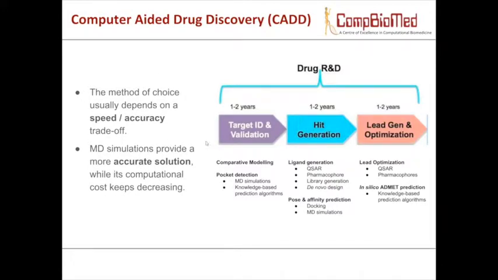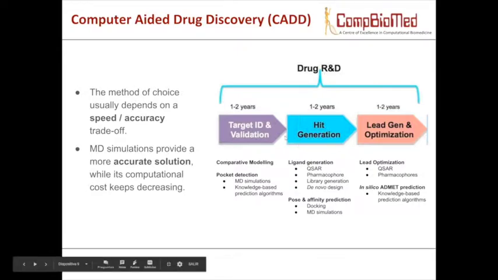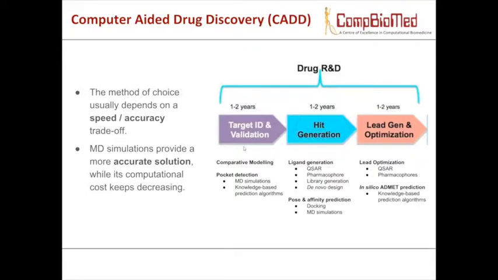So, after this brief description of MD, what's the place of MD inside drug discovery, and specifically inside the computational tools used for drug discovery, which fall under the label of computer-aided drug discovery? Inside the research and development phase of drugs, there are several stages. First you have to identify the target, the protein you want to target with a certain molecule in order to have some effect on the disease you're trying to treat.